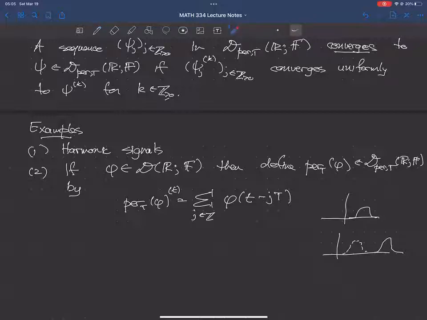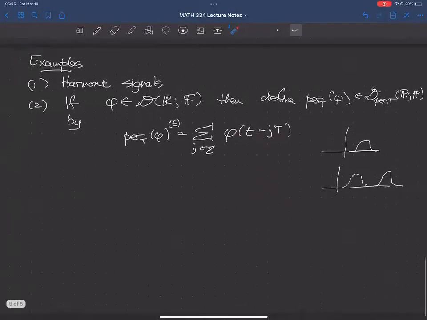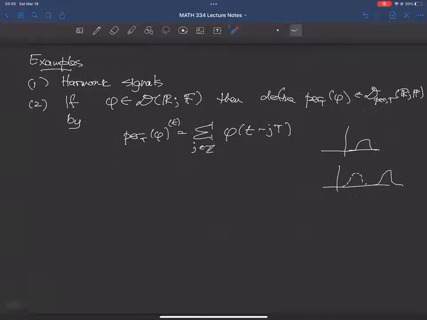Because these things have compact support, there's no issue with this sum converging, because for each t the sum is guaranteed to be finite. If you translate for sufficiently many multiples of the period, you'll no longer intersect the support of phi, and so the sum will be finite. So that's one way of building these things.